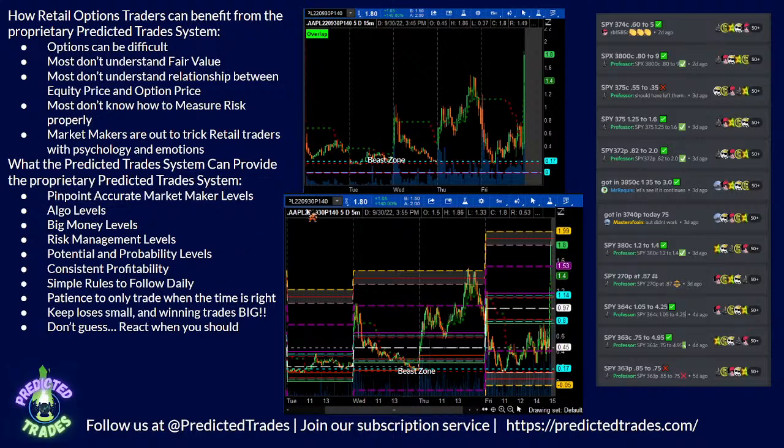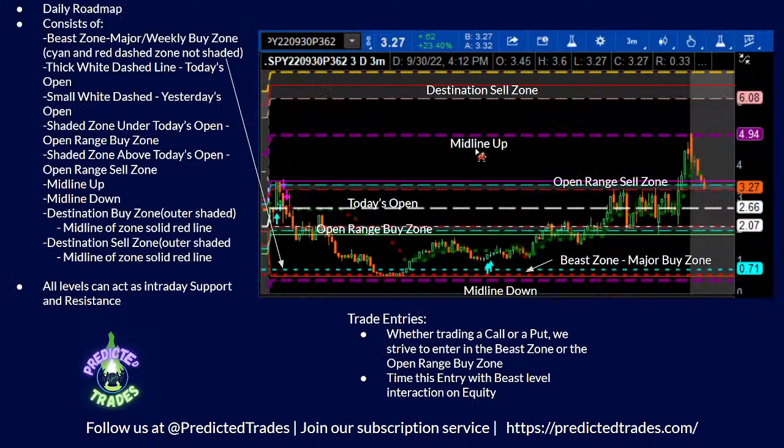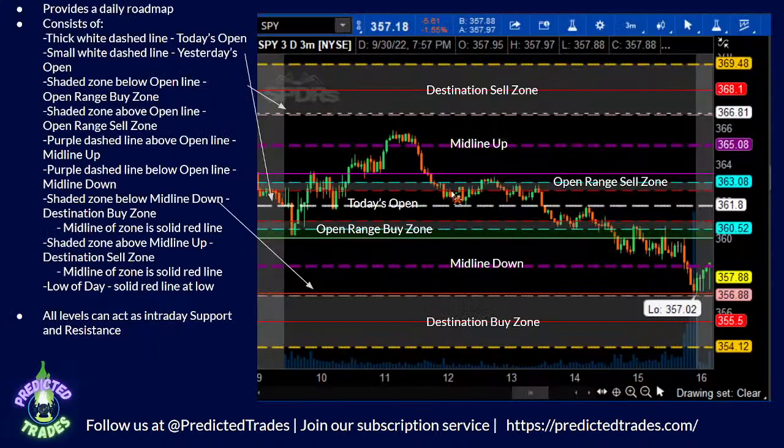How do I determine these levels? These levels that you are seeing, all of these shaded regions that get plotted, all of these levels on your SPY chart, it's all based on our proprietary algorithm that calculates specific key levels that market makers should react with.